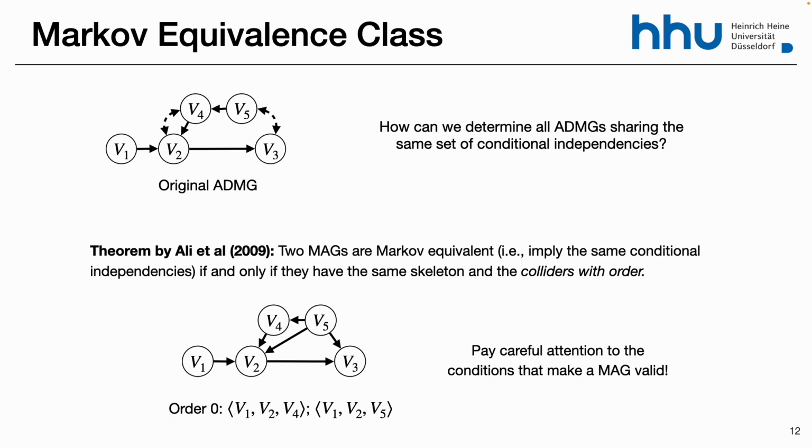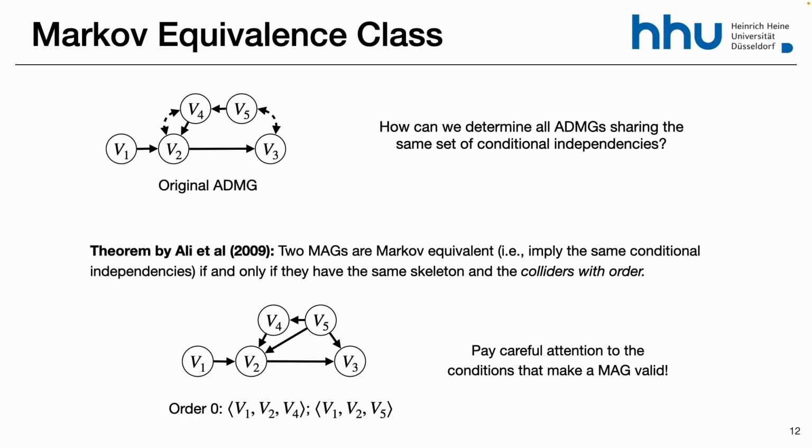So what are the three conditions for MAGs? Can you remember? The first one is there are no cycles. The second one is no almost cycles. And the third one, you won't use it.